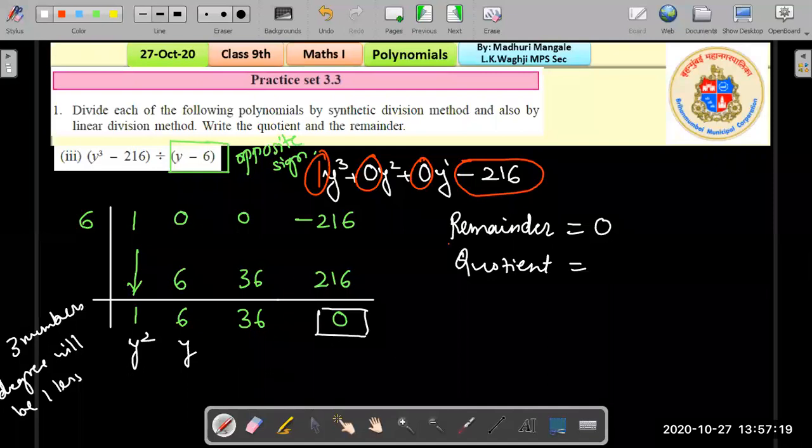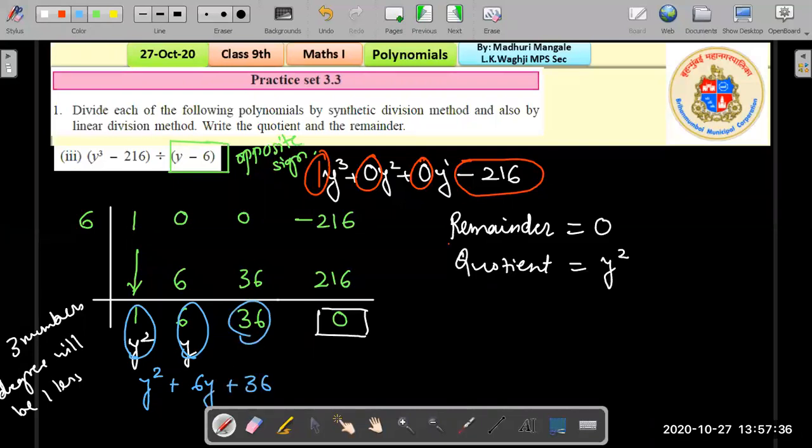Fine. So what will be the quotient? 1 times y squared is y squared. 6 times y, let me write it out over here so that you don't get confused. So 1 times y squared is y squared, plus 6 times y is 6y, and plus 36. That gives us the quotient. So the quotient is y squared plus 6y plus 36.